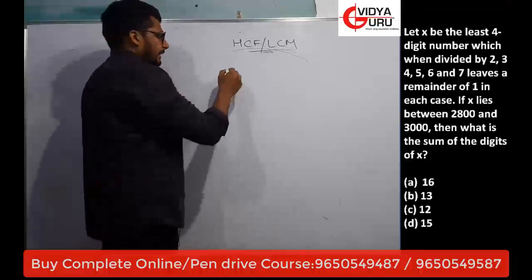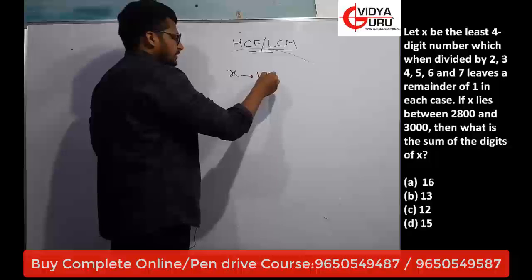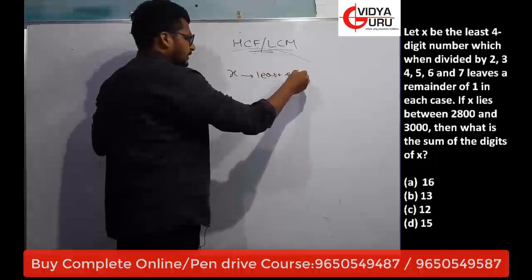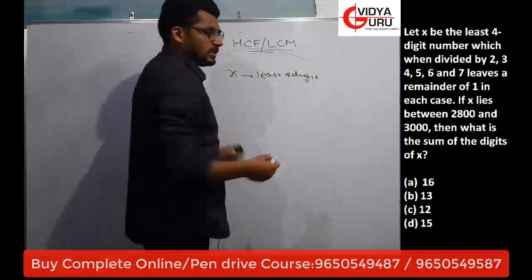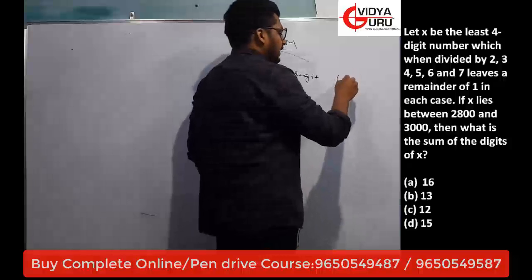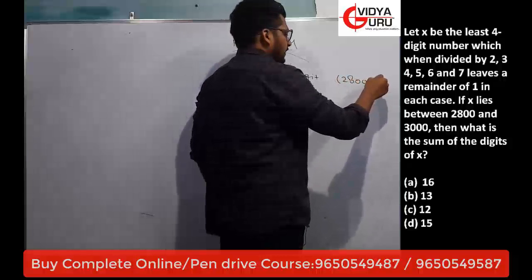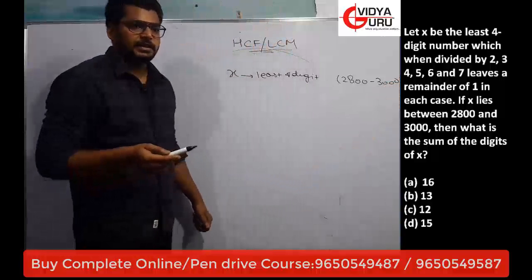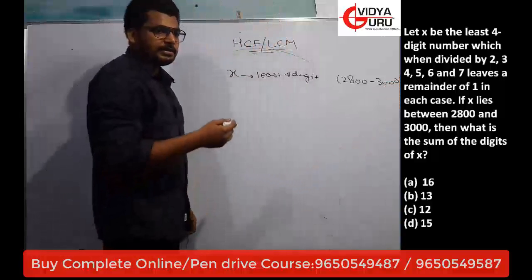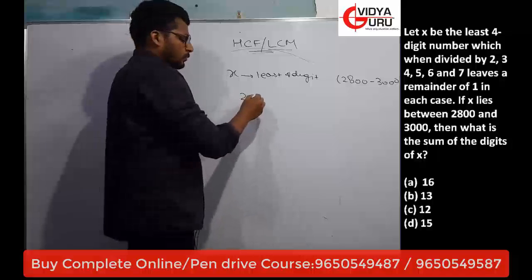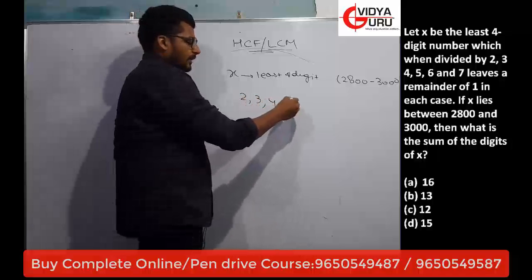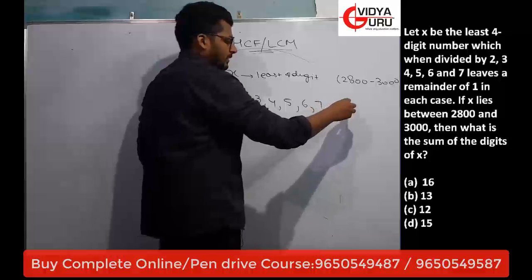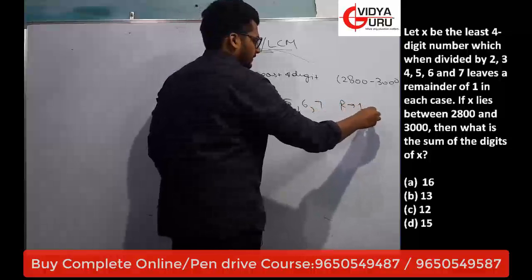The question is saying X is the least 4-digit number which lies between 2800 and 3000, and it is divided by 2, 3, 4, 5, 6, 7 and leaves remainder as 1.